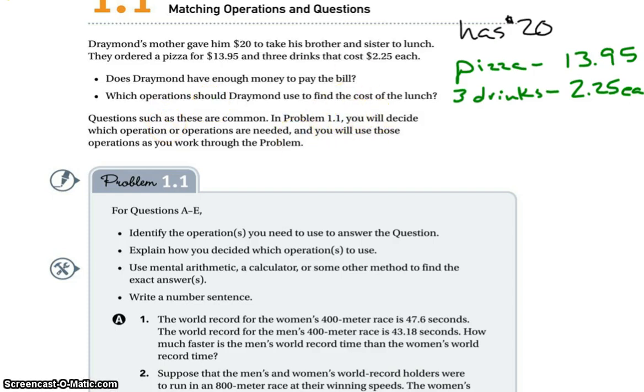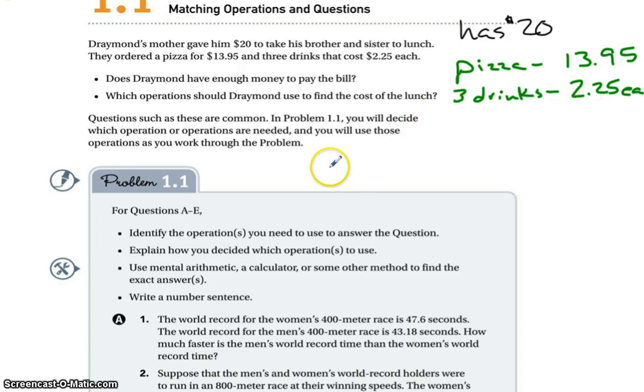Well, the first question, does he have enough money to pay the bill? What we're going to have to do is add the costs together to find if we're going to have enough. So the first thing we're going to do is take $13.95, since that's one pizza and that's one cost.